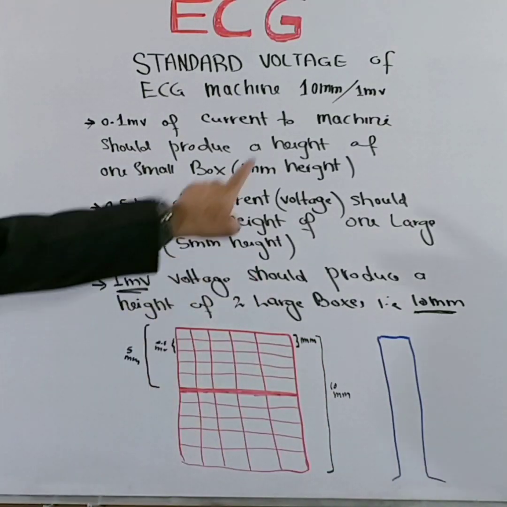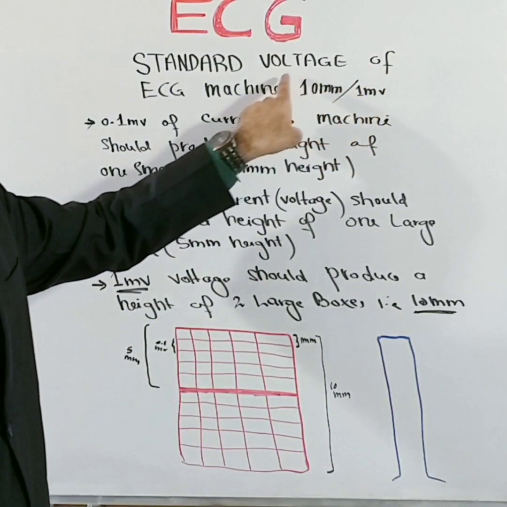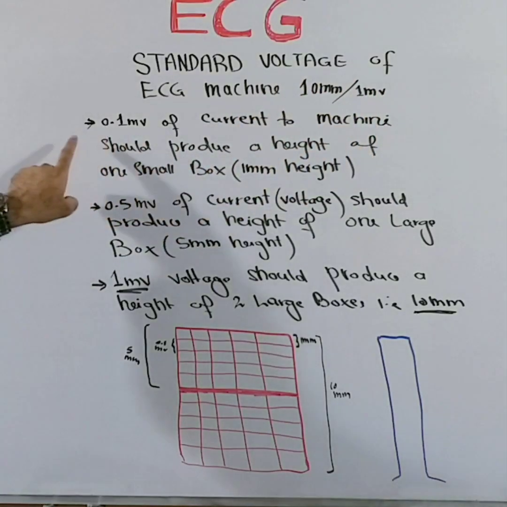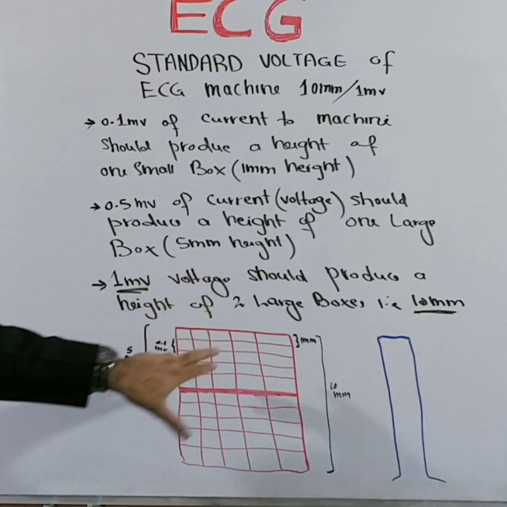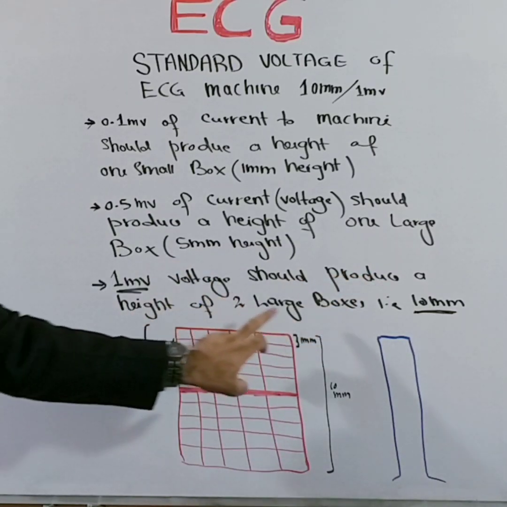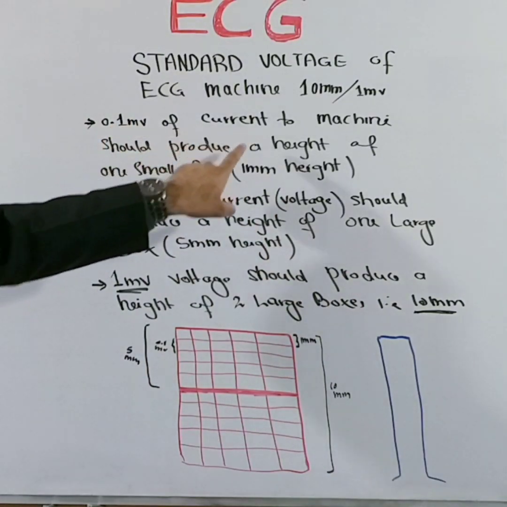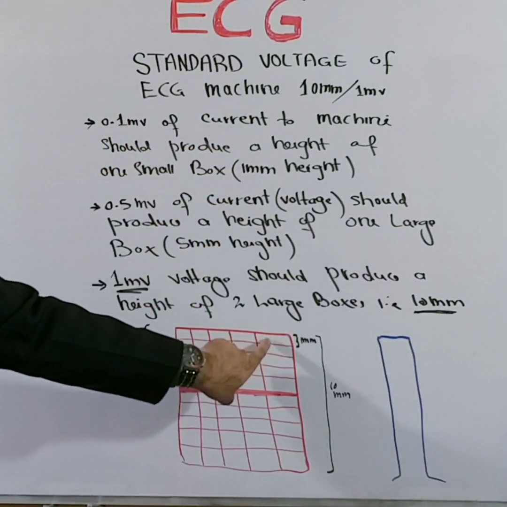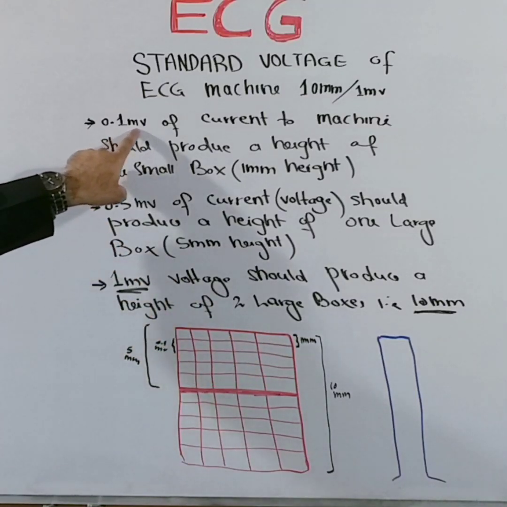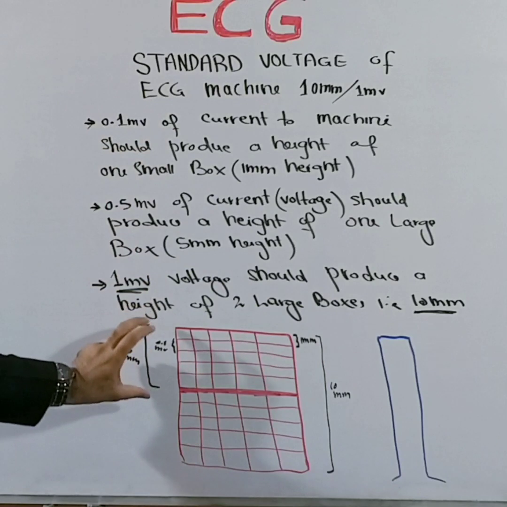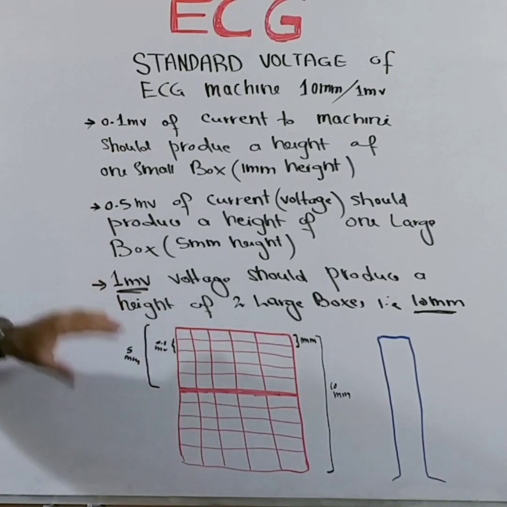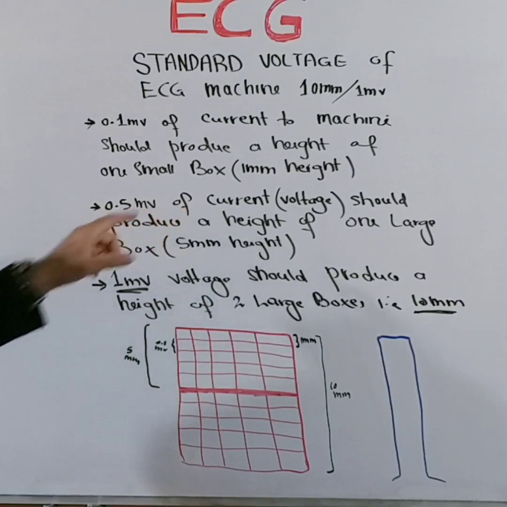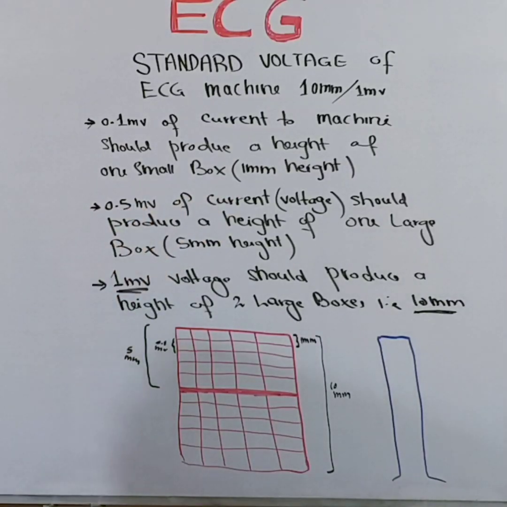What does that mean? If you see this 10 millimeter per millivolt, it means that 1 millivolt which is delivered to the machine should produce a height of 2 large boxes, because one small box is equal to 1 millimeter in height, and this one small box should be generated by a voltage of 0.1 millivolt, and this large box which has a height of 5 millimeter should be produced by a voltage of 0.5 millivolt given to the machine.